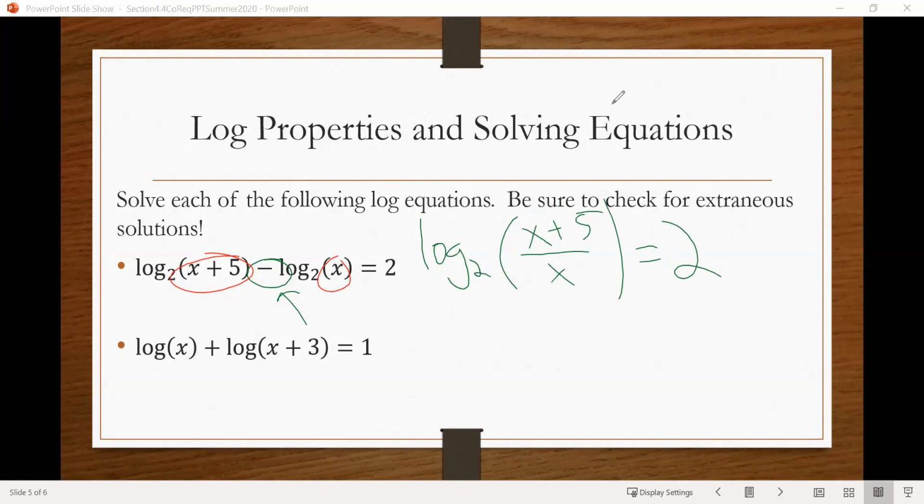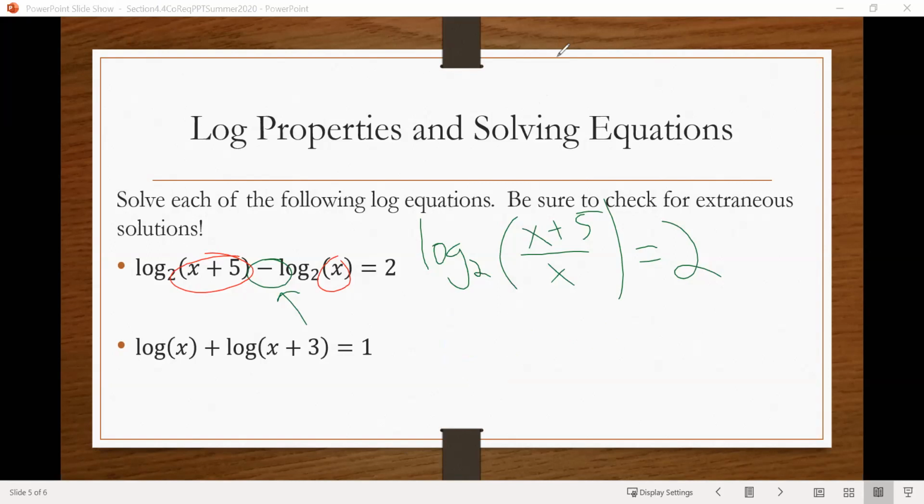Well, recall from the beginning of our sections on logs, we had this equivalence that log base b of c equals a was the same as b to the a equals c. That was our rewriting something in log form and exponential form, and we also did the vice versa of that. So we're going to use a similar approach here.